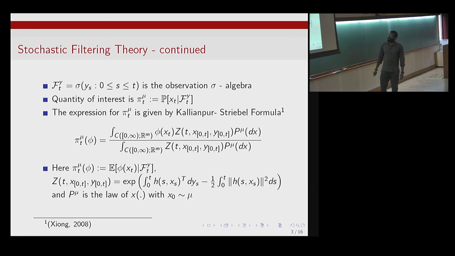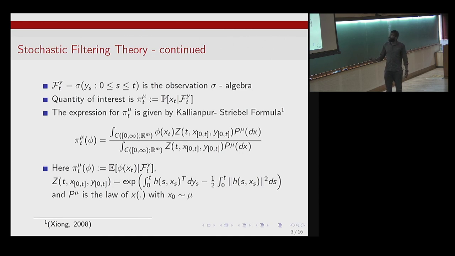It is known that this conditional probability has a nice expression, which is this, an integration over the space of all continuous functions. This is basically like the Bayes formula in a slightly abstract setup.